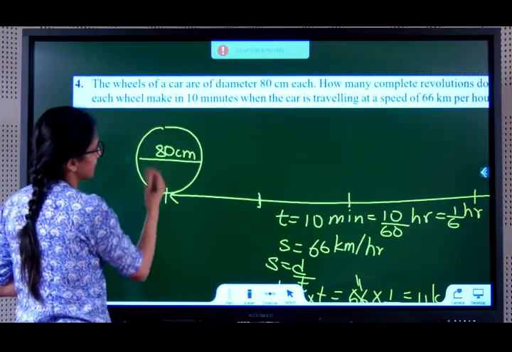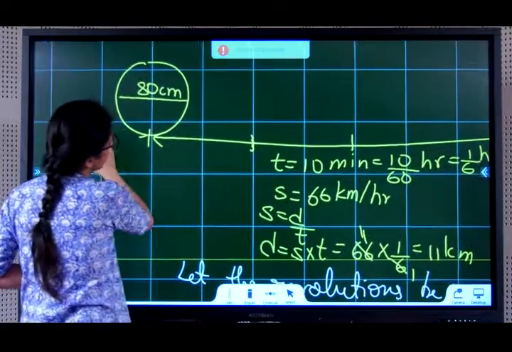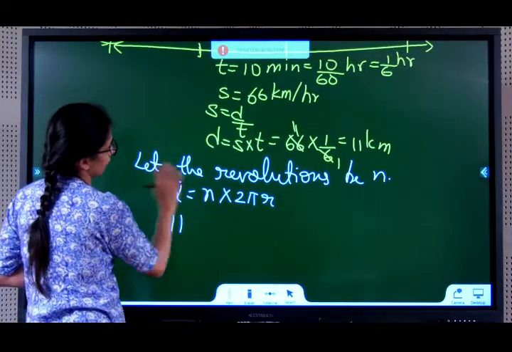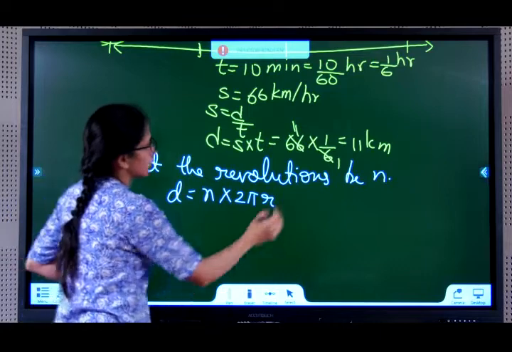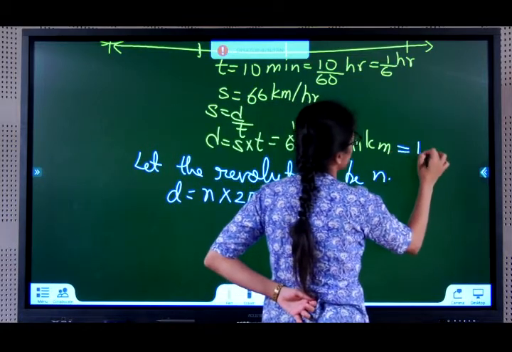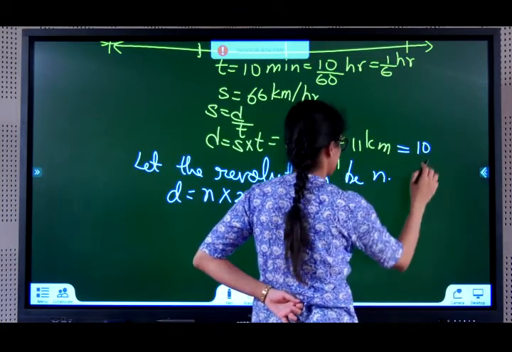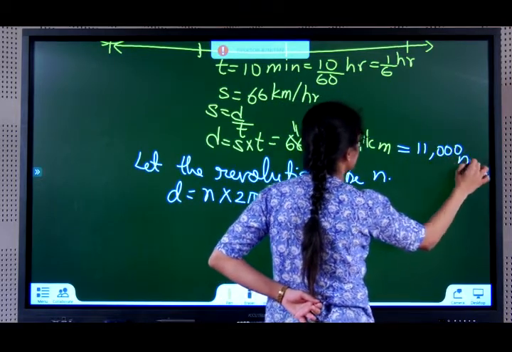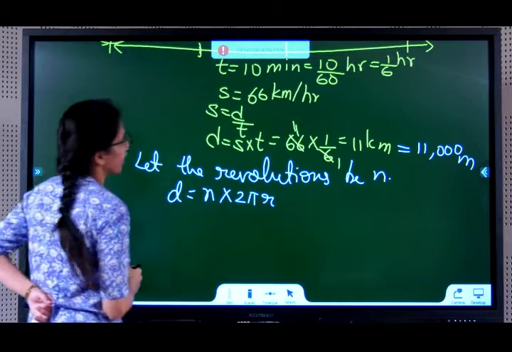What have they given about the wheel? 80 centimeters. Let's convert the kilometers to meters, so the distance becomes 11 into 1000, 11,000 meters. And what about the radius?